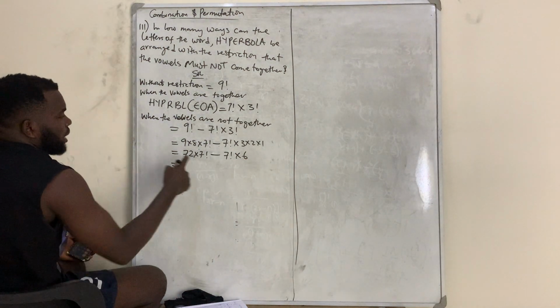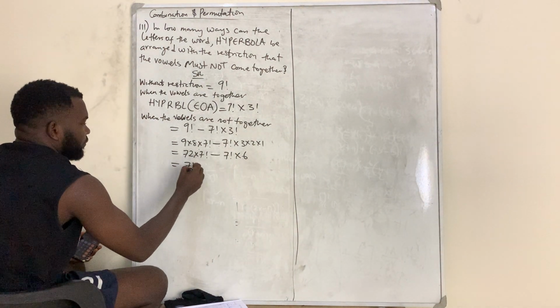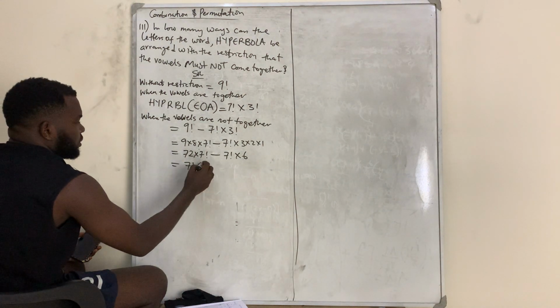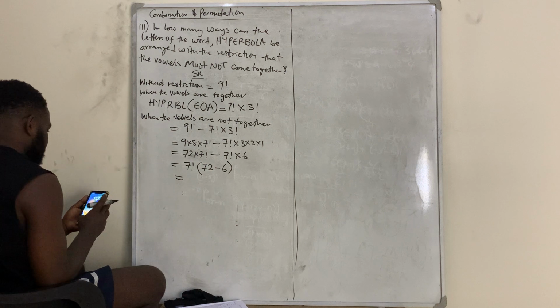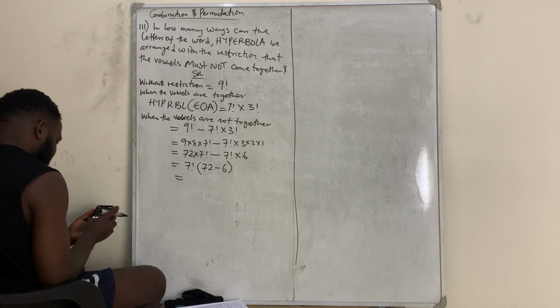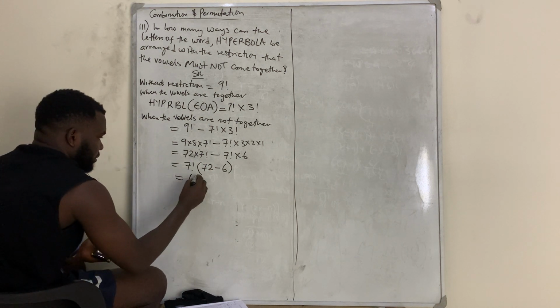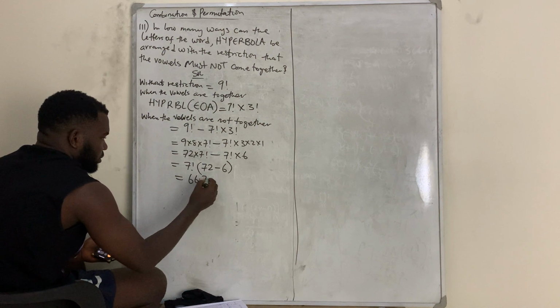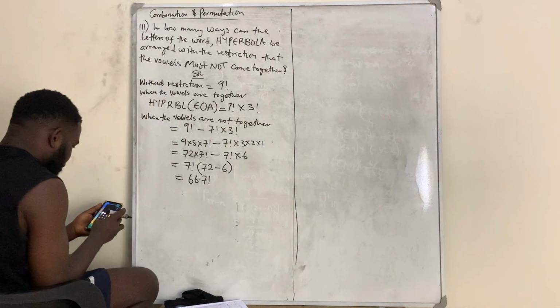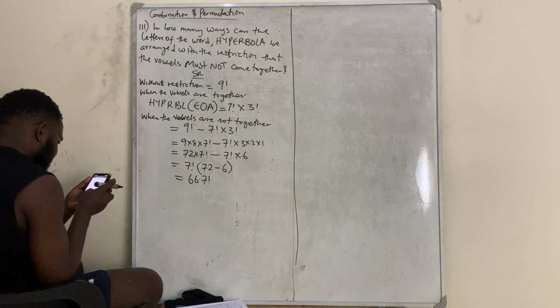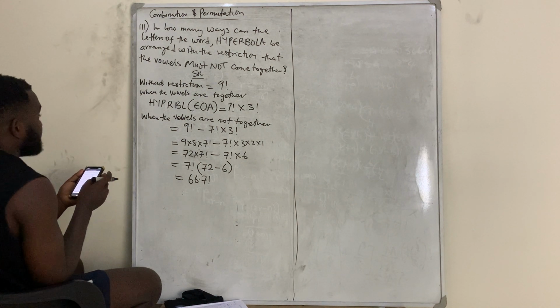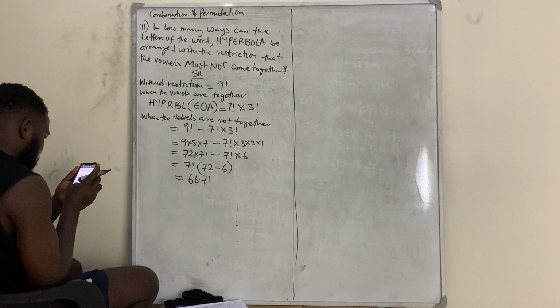So if you bring out what they have in common, 7 factorial, I am left with 72 minus 6, which is 66. So 66 times 7 factorial. So that is what you have in the option there. So that's for question number 111.